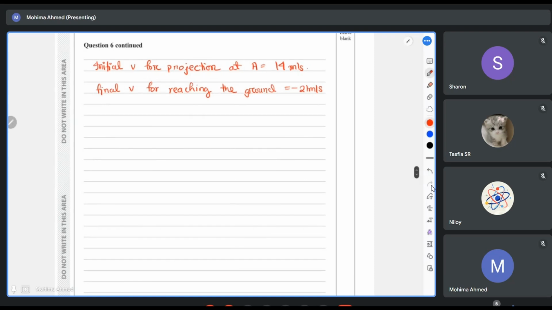Then again, the initial velocity for rebound, that's going to be positive 21, right? Because this was in the upward direction. And then again, the final velocity for rebound.